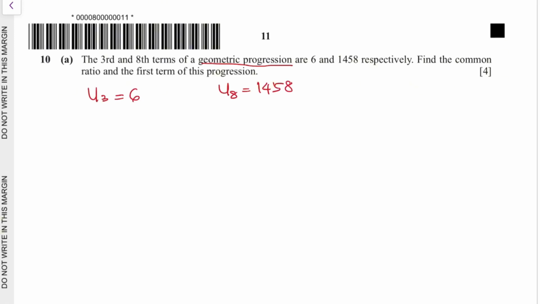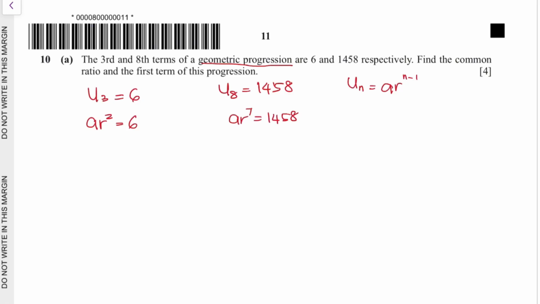For geometric progressions, Un is simply a, the first term, times the common ratio to the power of n minus 1. It means that if it is U3, it is going to be ar squared, that is equal to 6. If it is U8, it means that it is ar^7, that is equal to 1458.